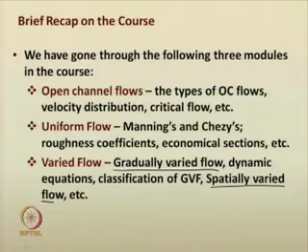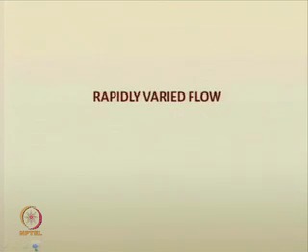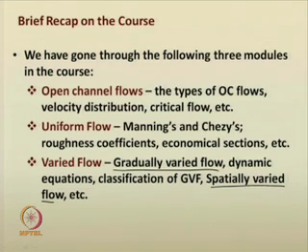As we discussed earlier, in the last module we covered gradually varied flow. In the last class, we discussed the features of spatially varied flow, and we did an example problem on spatially varied flow for a rectangular channel.